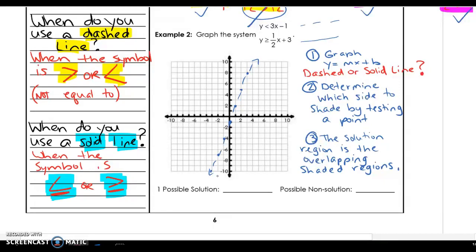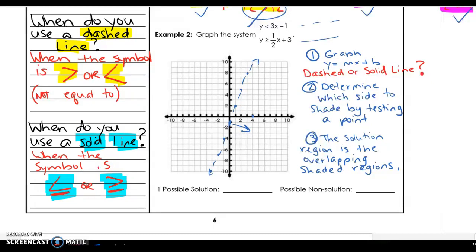Now if we pick a point that is not on the line, like (4, 0), if we substitute for y = 0, we would get 0 is less than 3 times 4 minus 1. 0 is less than 12 minus 1. 0 is less than 11. So the points on this side of the line are solutions.